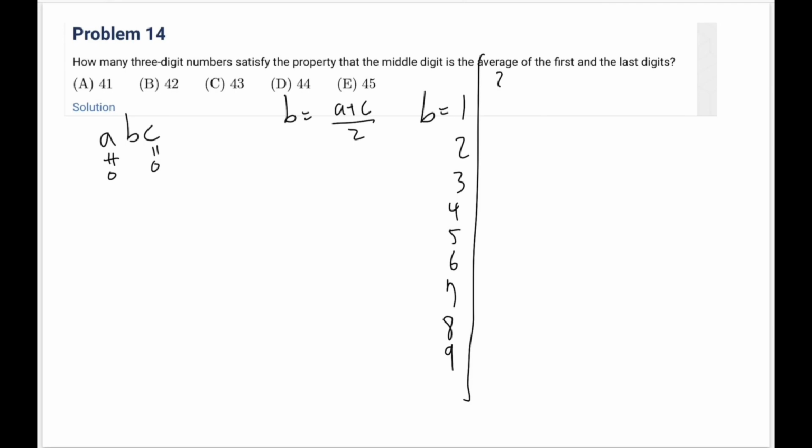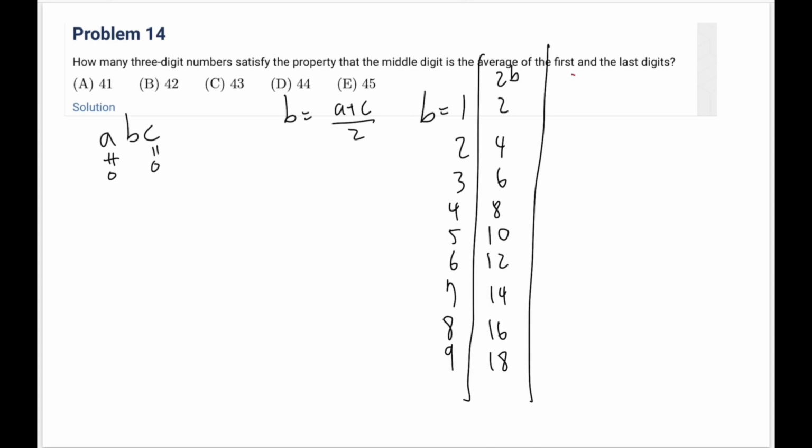Then 2B would equal 2, 4, 6, 8, 10, 12, 14, 16, and 18, right? And so, now let's get to writing A and C, because A plus C has to be 2, 4, 6, 8, right? If A plus C is 2, then it can be 1, 1, or 2, 0.